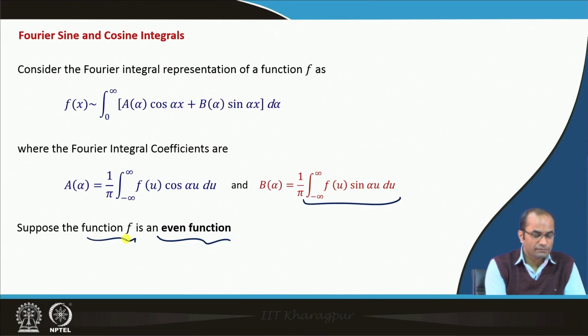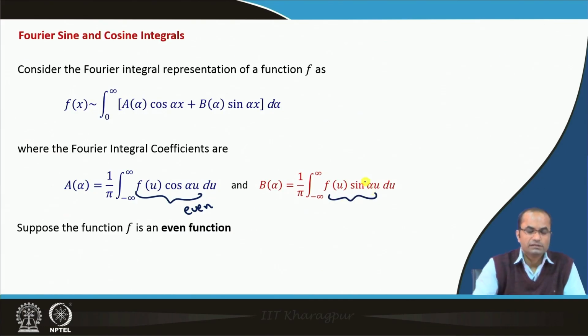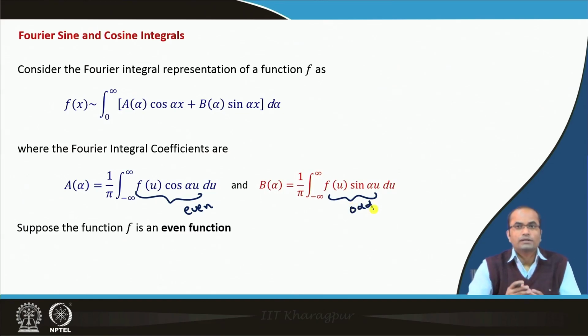Naturally, if f is an even function, then consider a alpha. f is even, cos is also even, so the integrand will be an even function. In b alpha, since the sine is sitting there with f u, f is even but sine is odd, so this will be an odd integrand.